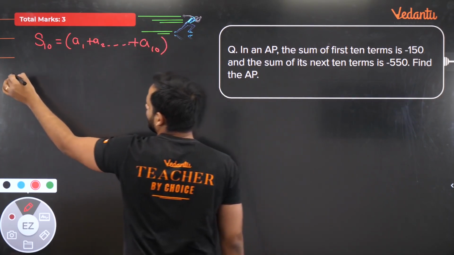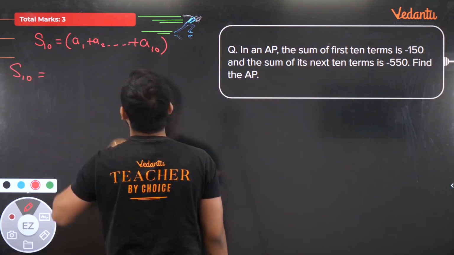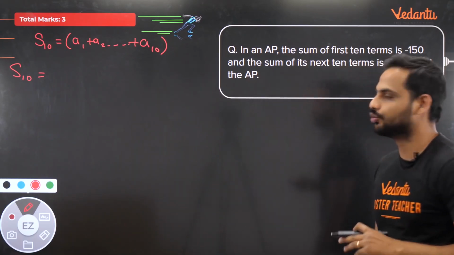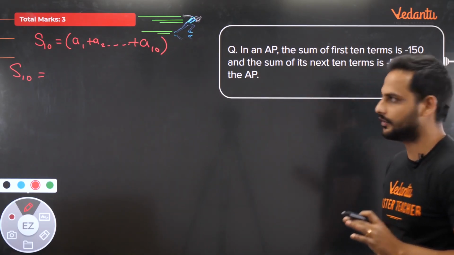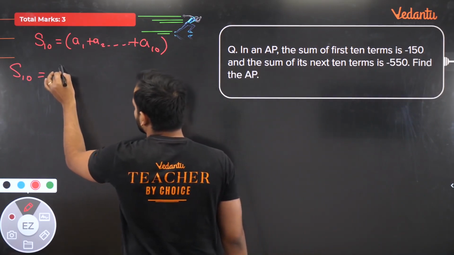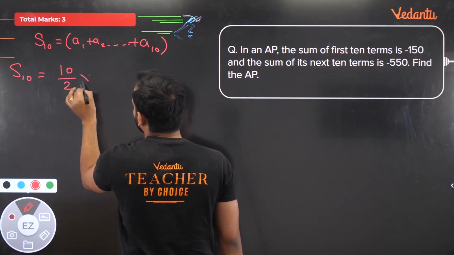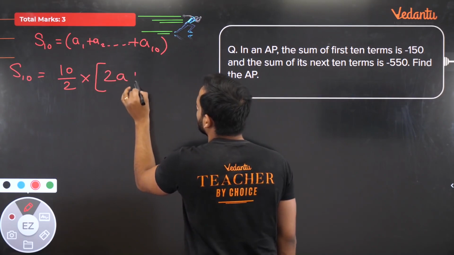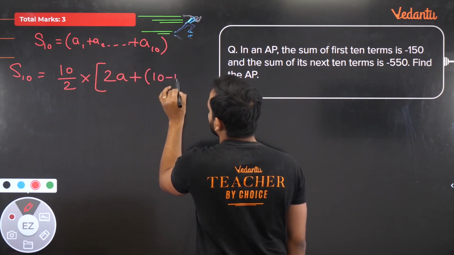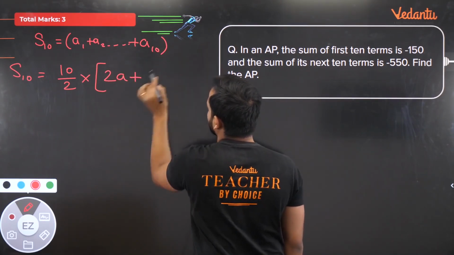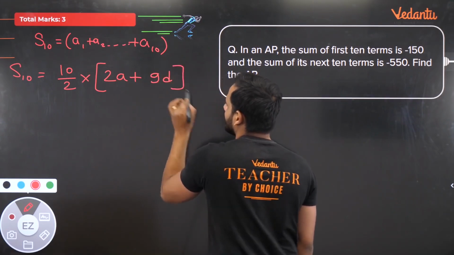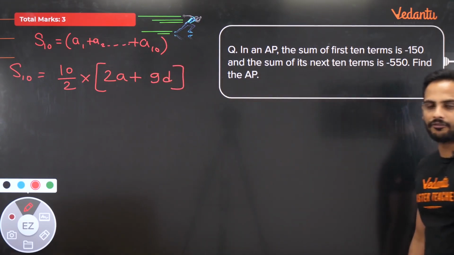So S10, the formula we know is equal to n by 2 into 2a plus (n minus 1) into d. We know this thing. So S10 will be equal to 10 by 2 into 2 times a plus (10 minus 1) into d. 10 minus 1 is what? 9d. I have used the formula for sum.